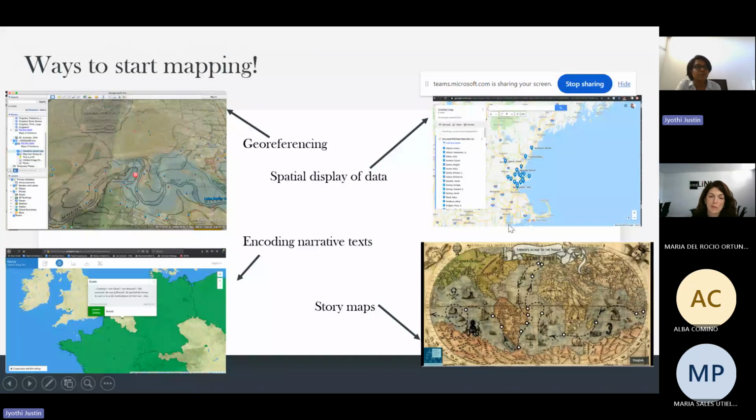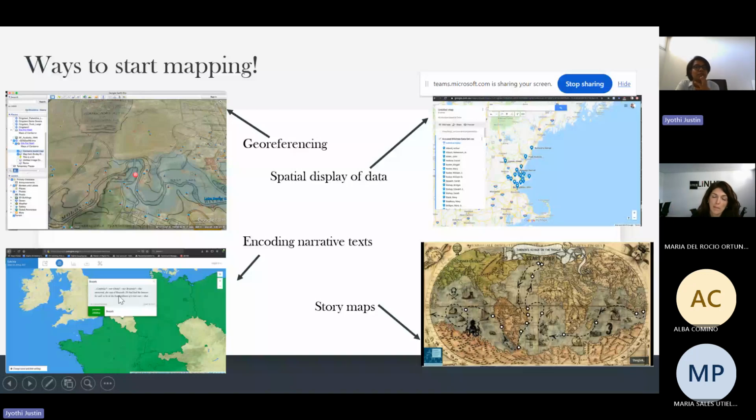So you can either geo-reference your data to an older map, like a 1970 map, or in my case, a 1968 map. And you can use this data to be displayed in the form of spatial data to conduct further analysis of it. And thereby, you can also encode narratives into the specific data points that you have, or create story maps on it.